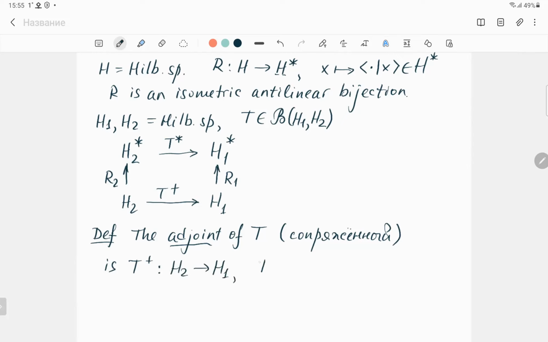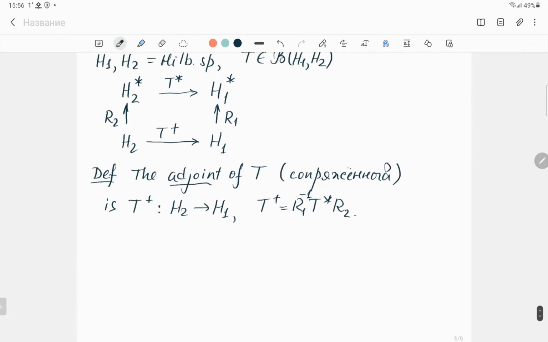And by definition, this is the composition R1 inverse, T star, R2. So it makes the diagram commute. Let's observe that the adjoint operator is necessarily a bounded linear operator from H2 to H1. And its norm is exactly the norm of T.